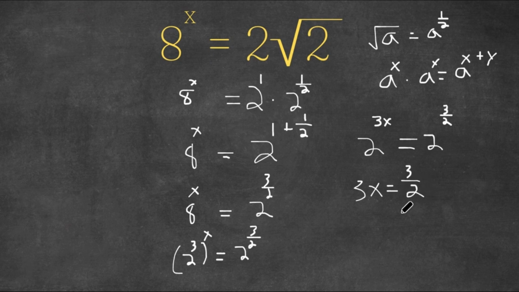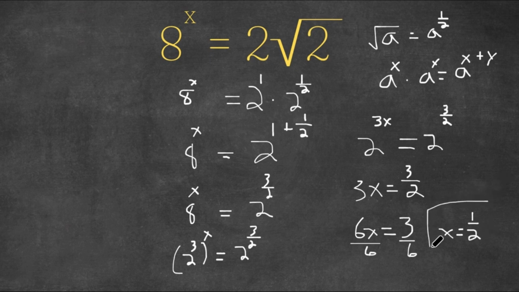By doing that, we get 6x equals 3. Now we have to isolate x, so we're going to divide by 6 on both sides. And we get x equals 3 over 6, which is equal to 1/2. So x equals 1/2, and that is our answer.